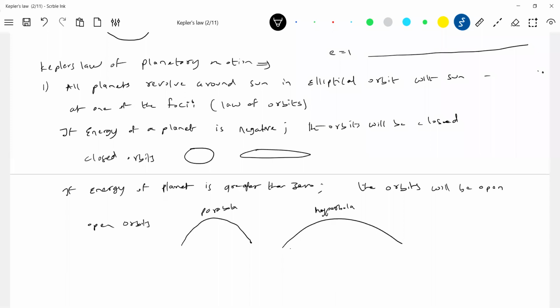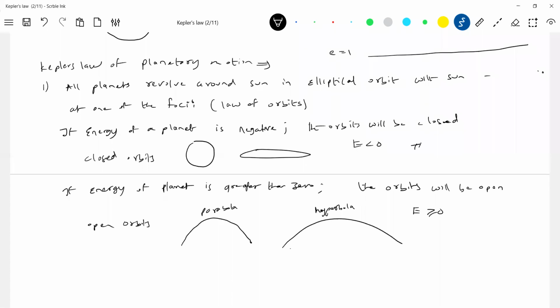Clear? Now what will happen if the energy of a planet is greater than or equal to 0? Then it will be open orbits. What are open orbits? Parabola. These are not periodic motion. The planet will not describe periodic motion.